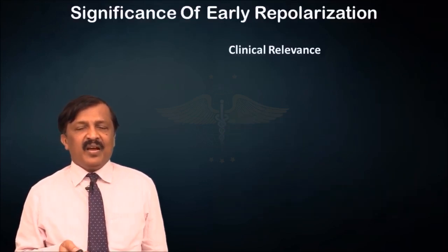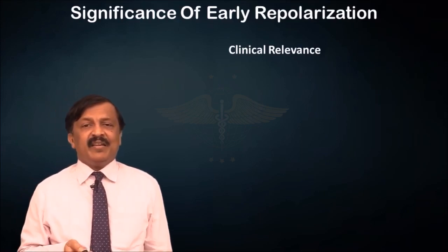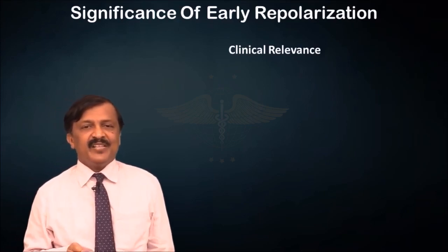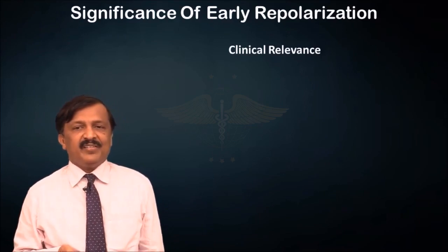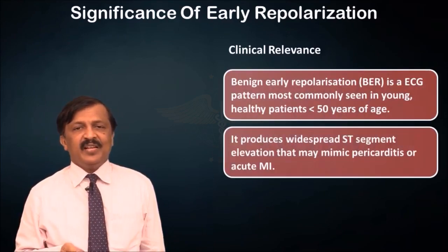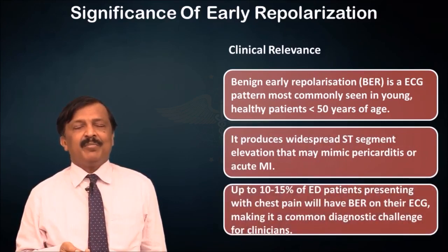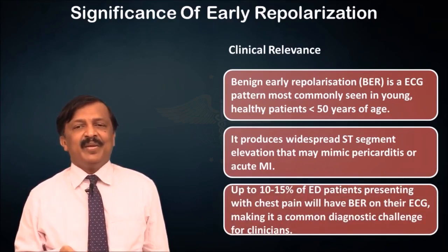The other most important thing is, what is the significance of early repolarization? All of us thought that it's benign. It is common in young and healthy individuals less than 50 years of age. You rarely find it above 70 years of age, and it will mimic acute myocardial infarction. 10 to 15% of the people who come to the emergency room and whom we diagnose as myocardial infarction may actually have early repolarization.